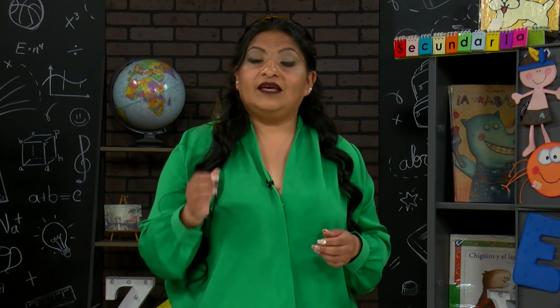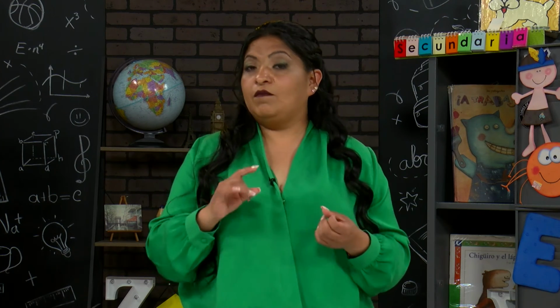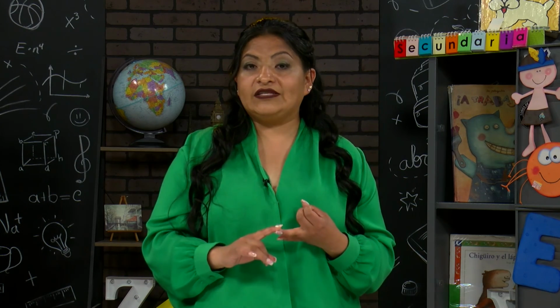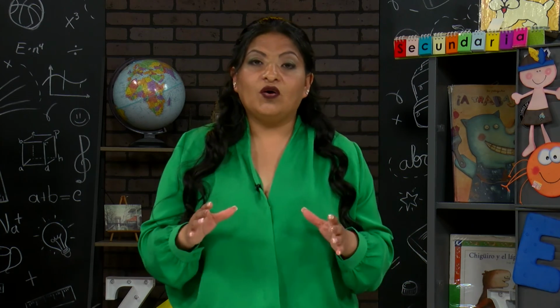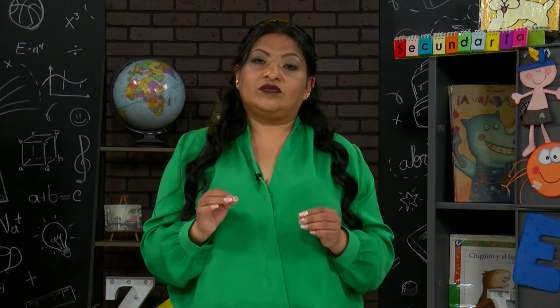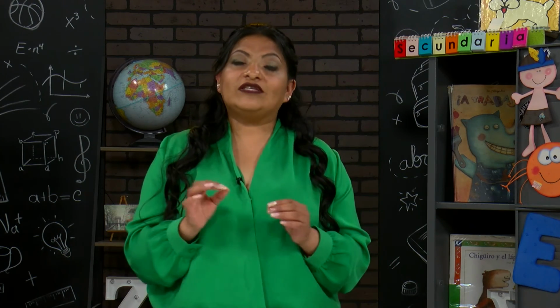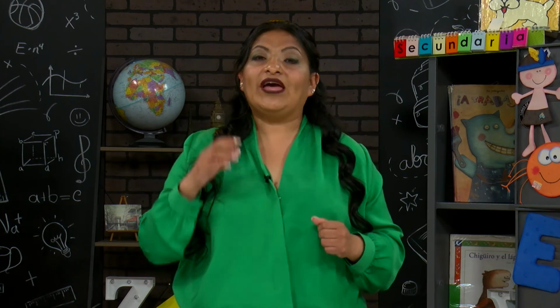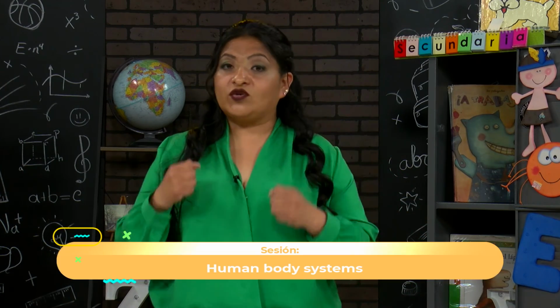You must eat healthy food, right? Maybe vegetables, fruits, few candies, etc. So if you want to help the excretory system, you must do exercise, right? For example, in the morning you can run.